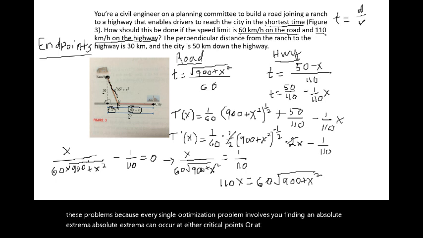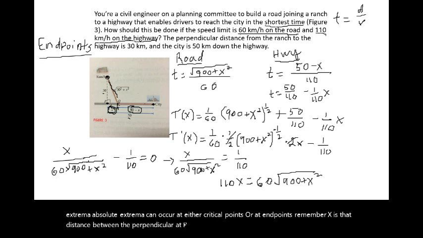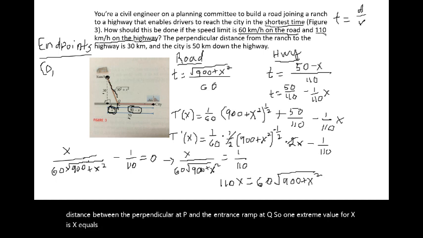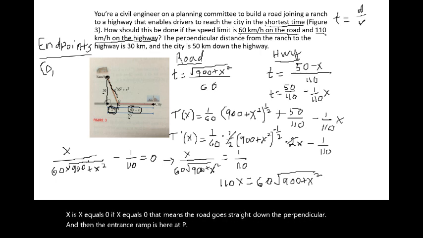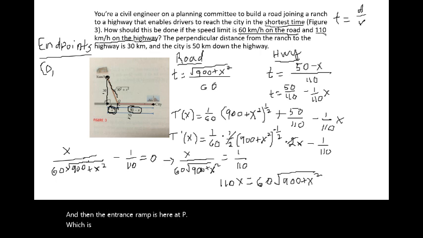Remember, x is that distance between the perpendicular at P and the entrance ramp at Q. So one extreme value for x is x equals 0. If x equals 0, that means the road goes straight down the perpendicular, and then the entrance ramp is here at P, which is totally plausible. So yeah, 0 is possible.